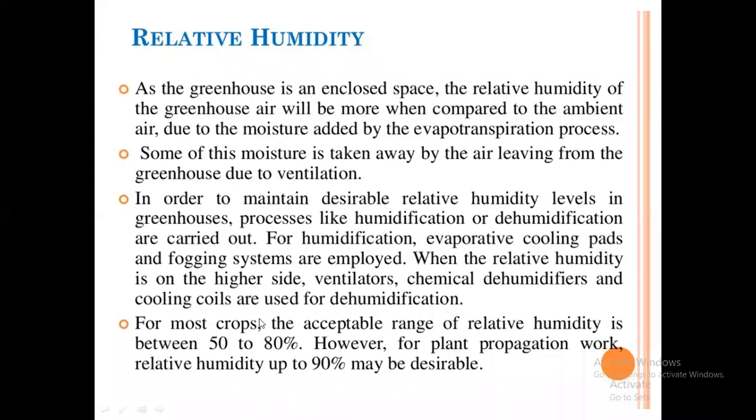For most of the crops, the accepted or preferred relative humidity to be maintained within the structure is between 50 to 80%.